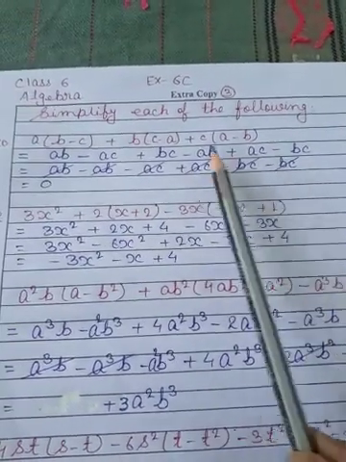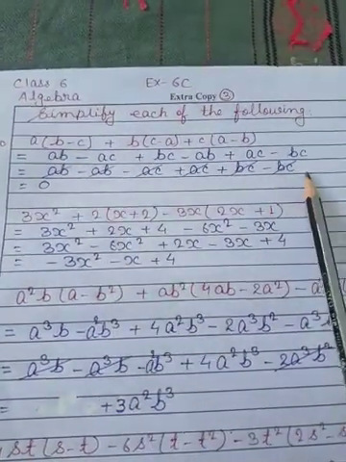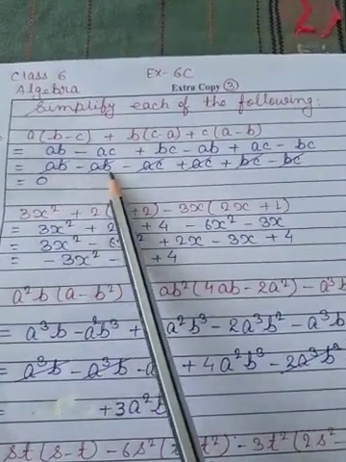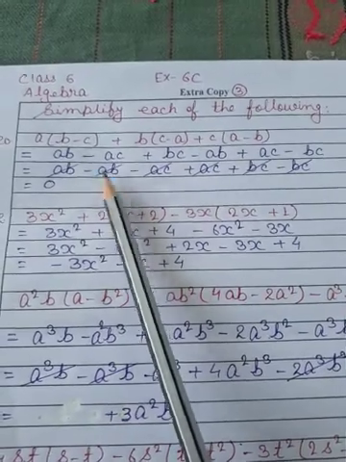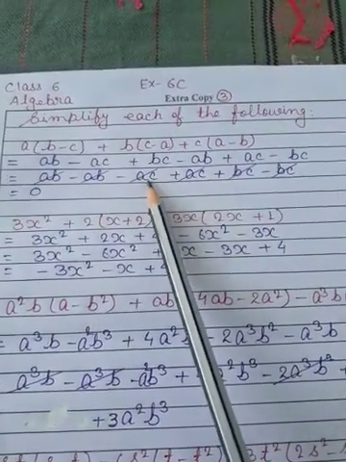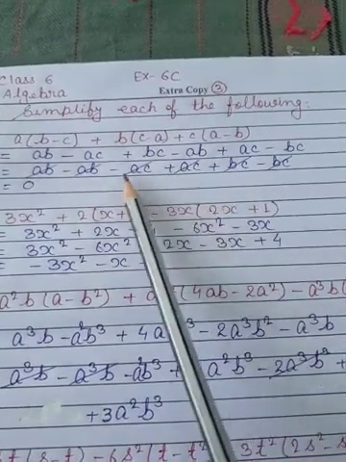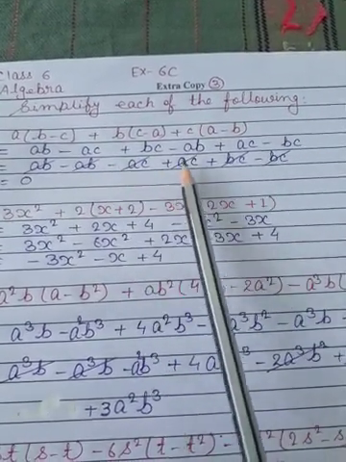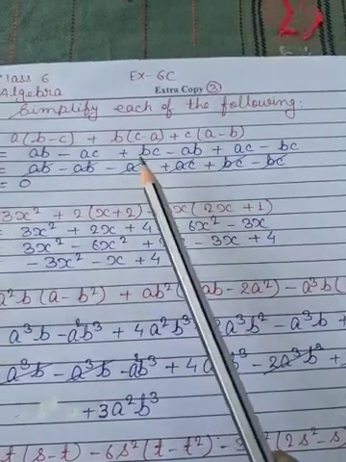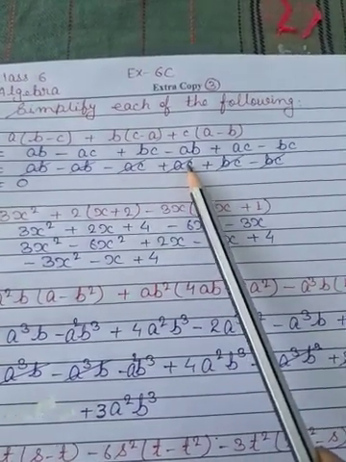Okay. Now after arranging the like terms, we will solve. AB minus AB is 0. Whenever 0 is there, we will cut like this. Now here we have AC, here we have AC. Here AC has a minus sign and here AC has a plus sign, so AC minus AC is 0.